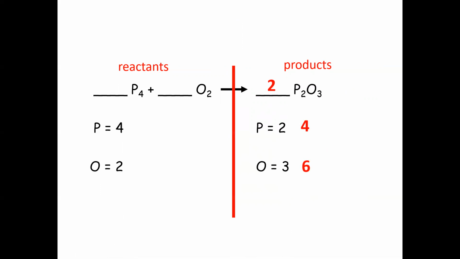Now, to make sure the other side then balances, you would then need to add another coefficient in front of the oxygen here. So because you've got 6 on this side, 2 times 3 would give you 6 on this side. So you've now got 4 phosphorus on both sides, 6 oxygens on both sides, and your equation is now balanced.